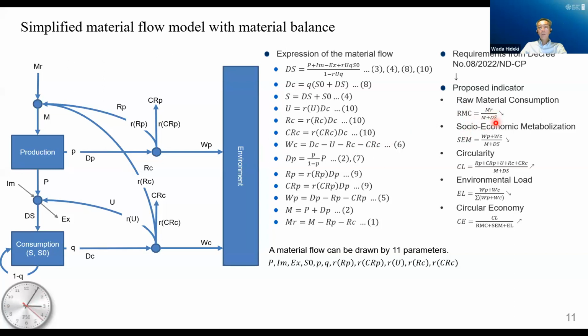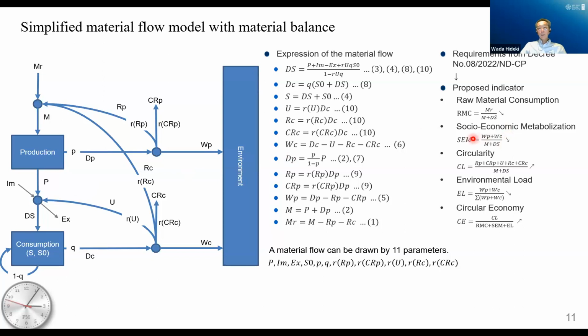By considering DS, even though there is duplication, we can consider the import and export part. Then we can consider the real domestic input to Vietnam, different from the production part.